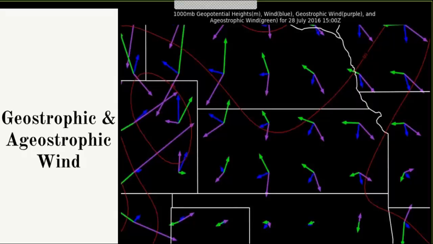Because of the surface, by definition, the surface is just friction. No, geostrophic wind is from the gradient, not from the data. Geostrophic winds are always parallel to the isolines.